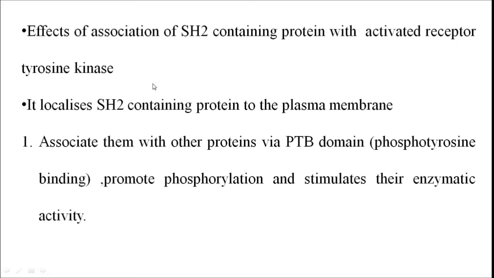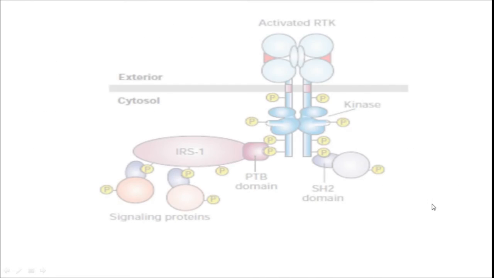The SH2 domain protein is then associated with other proteins by using a phosphotyrosine binding domain, also known as the PTB. Once these SH2 proteins bind via this PTB domain, they carry out the phosphorylation of other tyrosine residues, and they increase or stimulate the enzymatic activity.